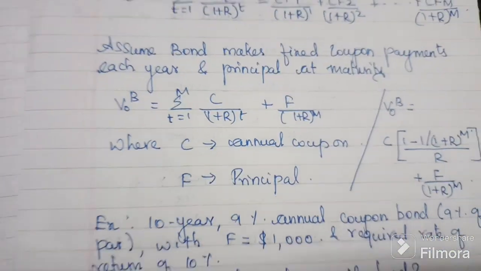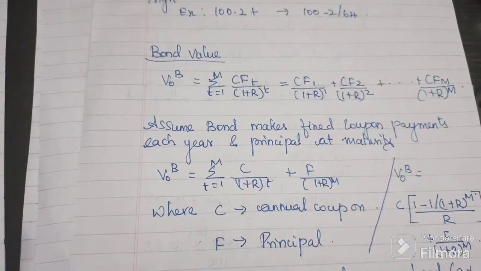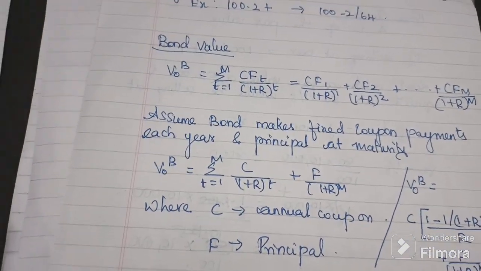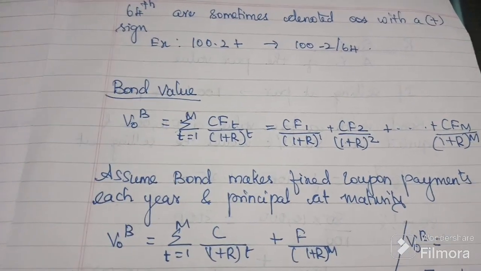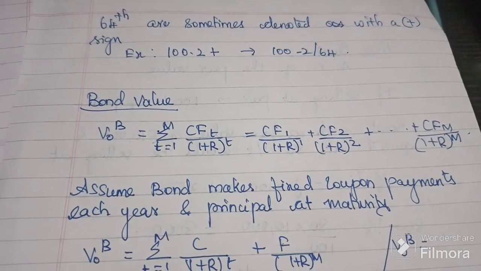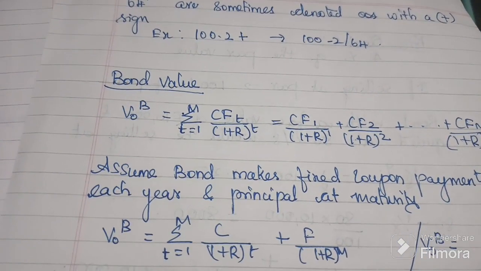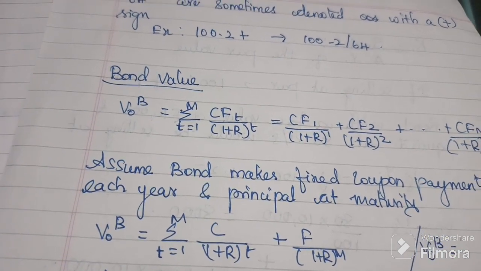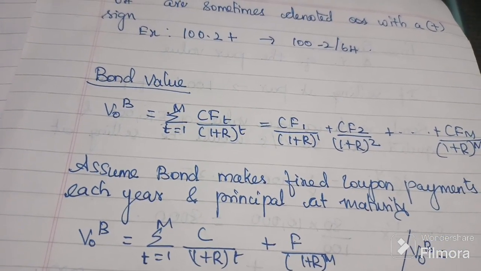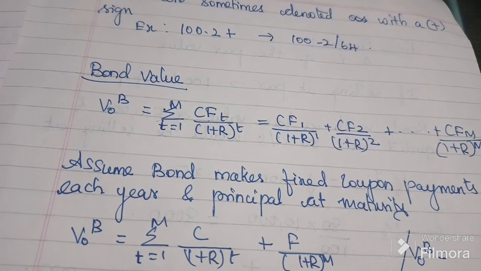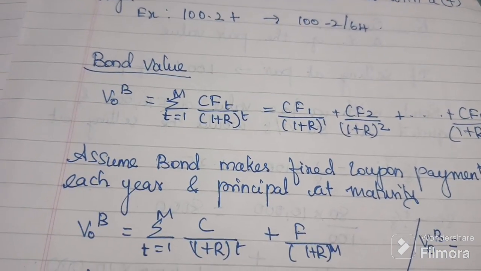So now we are going to calculate the bond value. How is the bond value calculated? It is calculated like this. The value of the bond V0B is equal to the sum for t from 1 to m of CFt divided by (1 + r) to the power t. What is CFt? I'll explain.